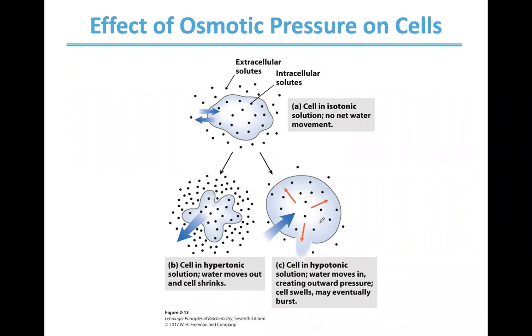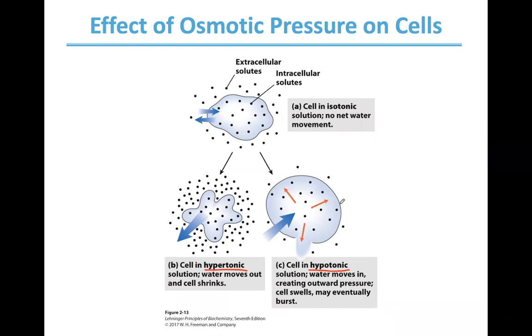Now, this is the opposite process. If all of a sudden this bacterial cell ends up in a hypotonic solution, so this is hyper, and this is hypotonic, then it will swell. And the danger is that it may eventually burst, because the amount of this biological membrane is simply not enough to hold this content together. It will stretch and eventually burst.